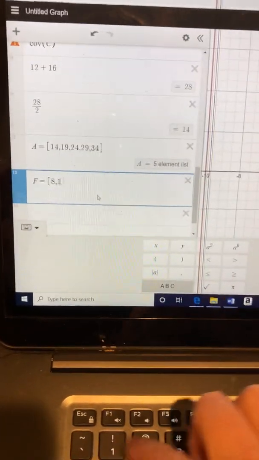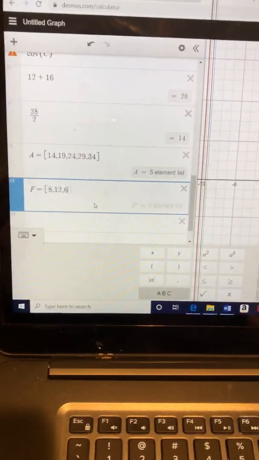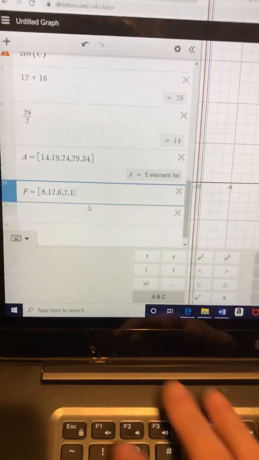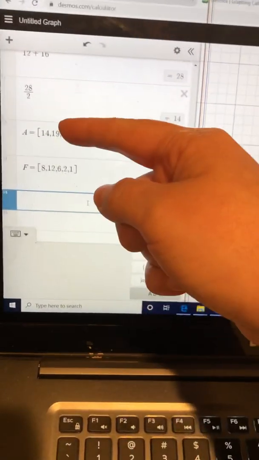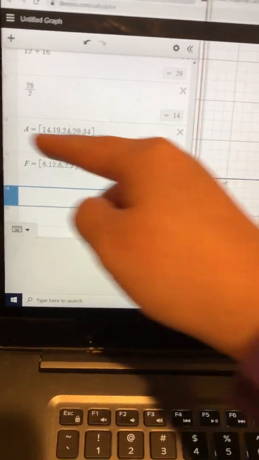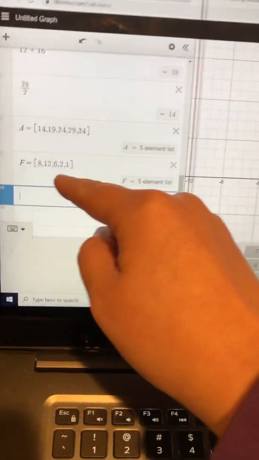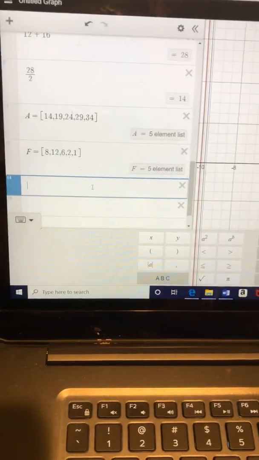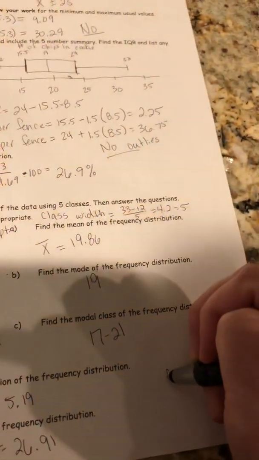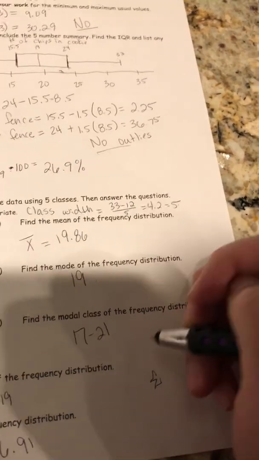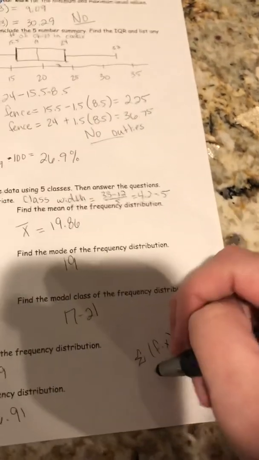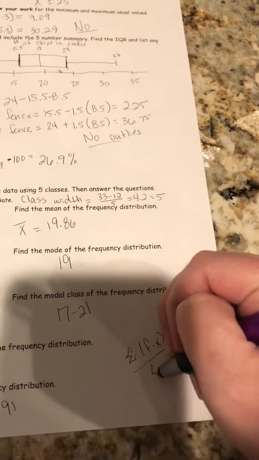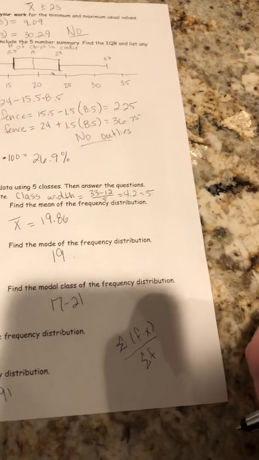I have 8 so you've got the A is my midpoints, the F's my frequencies. So the formula is the sum of, let me write it right here, the sum of your frequency times your midpoints divided by the sum of F. So that's your formula.